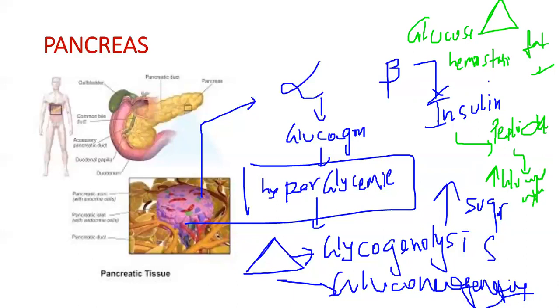So therefore when the cellular glucose is being used, there is rapid movement of glucose from blood to the hepatocytes as well as the liver cells. Then there will be decreased blood sugar. That's why if you come across any diabetic patients, sometimes they're given insulin because it is a hypoglycemic hormone. So it reduces the blood sugar.